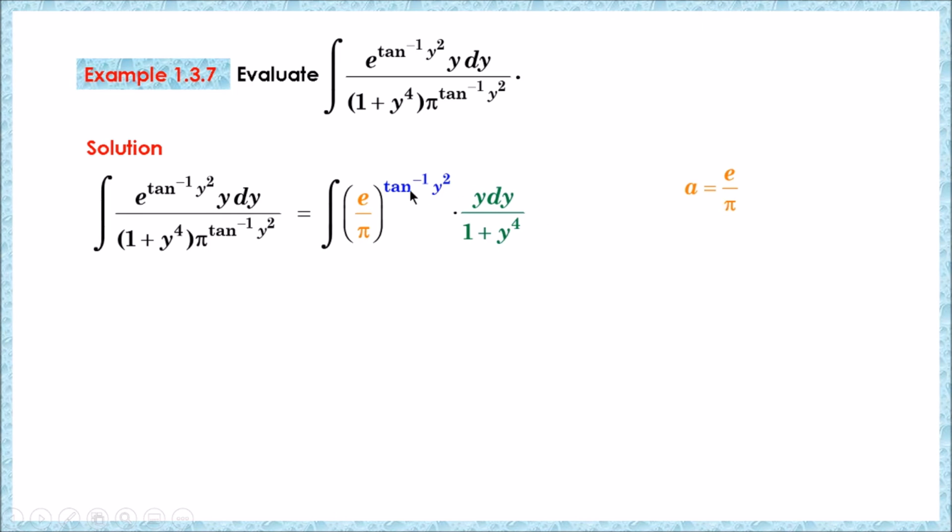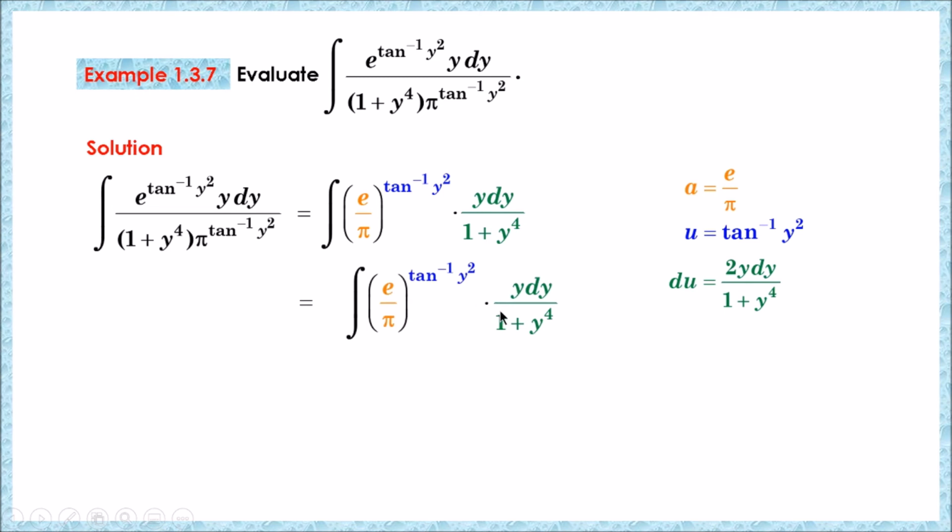Let's take arctan y^2 as its u. Taking its du, we have 2y dy over 1 + y^4. But this is not exactly its du, so we need a constant factor too. Let's complete that du by multiplying it by 2, but balancing outside by 1/2. So this now takes the form of the integral of a^u du.